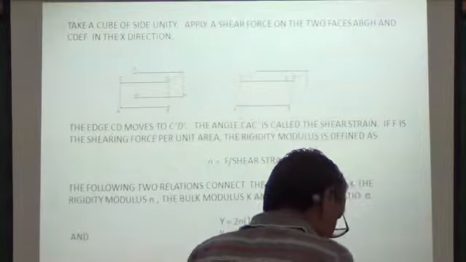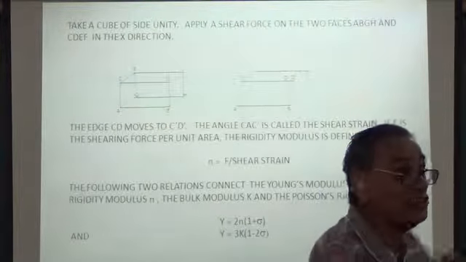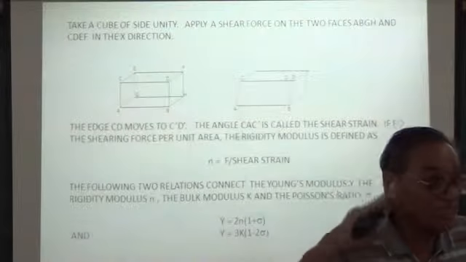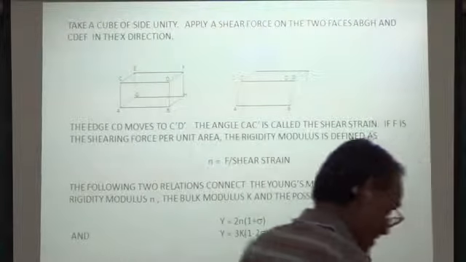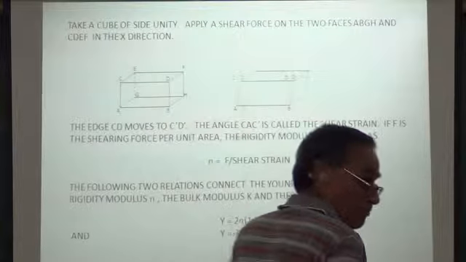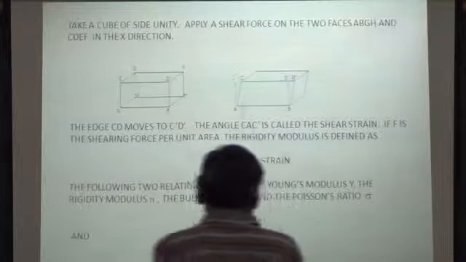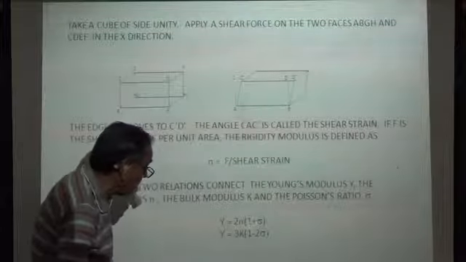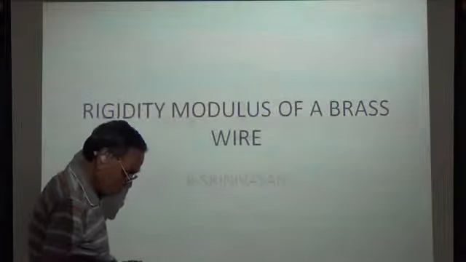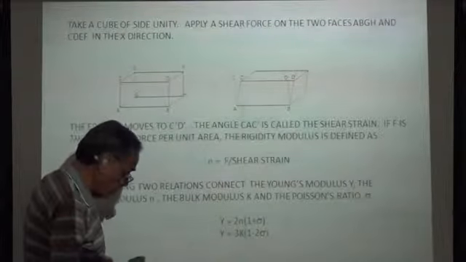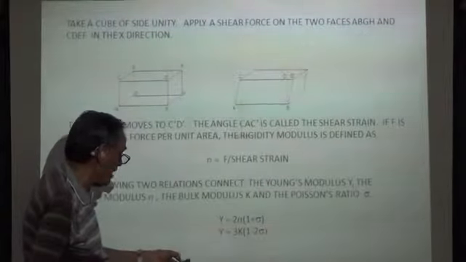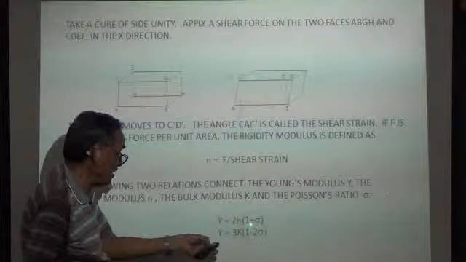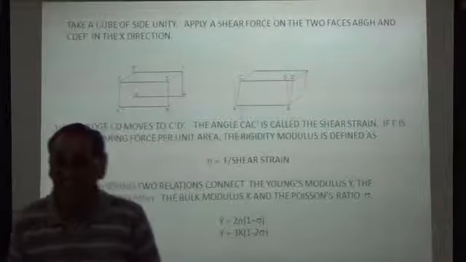So the Poisson's ratio of any material must be less than 0.5. It is a positive number, between 0 and 0.5. So 2 into (1 plus sigma) is greater than 2.